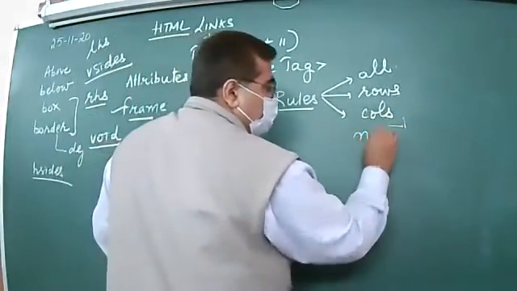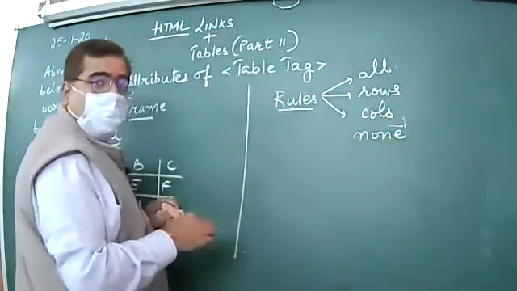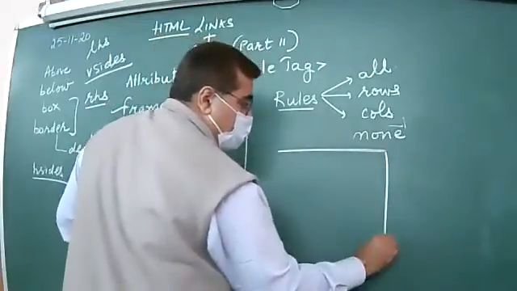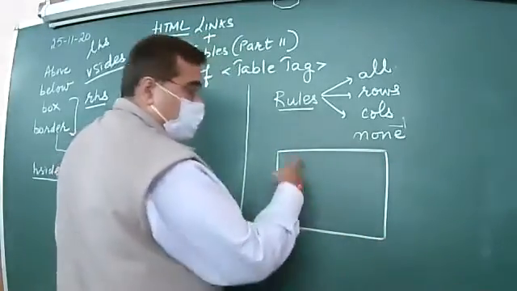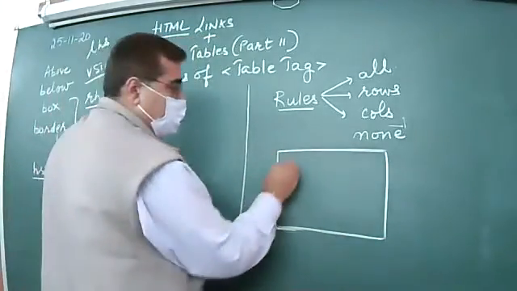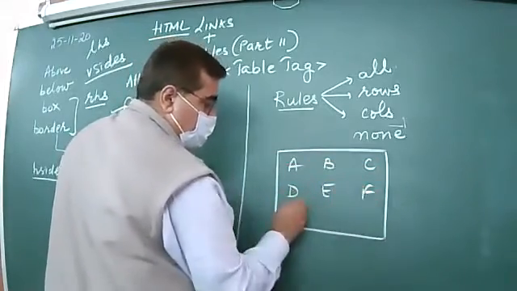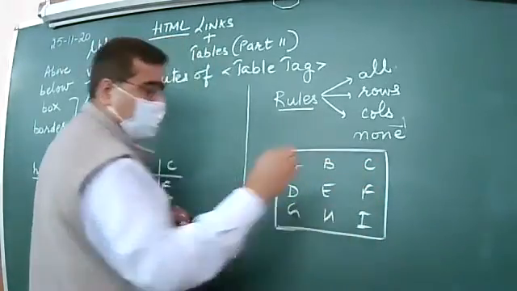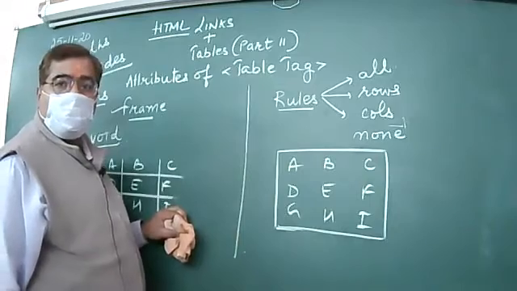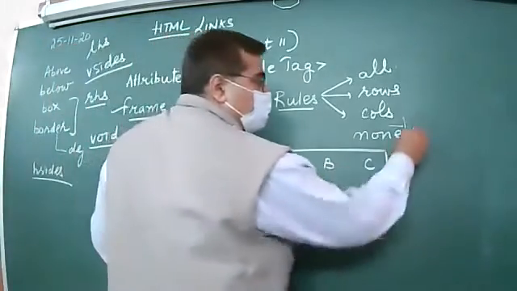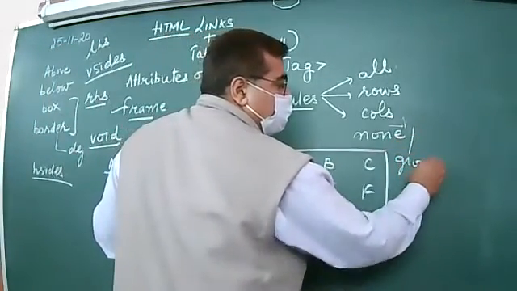Then is none. No internal border. Right? None or groups, they are almost the same.